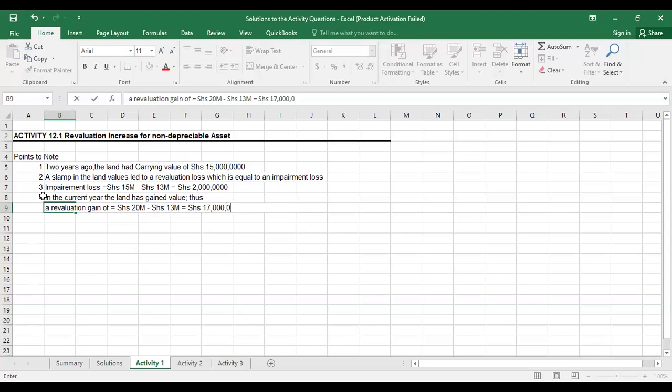Remember when the period was beginning, the land was 13 million, but at the end of the period, it has been valued at 20 million. So we are getting a revaluation gain.